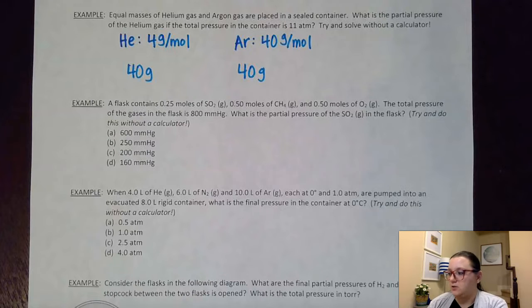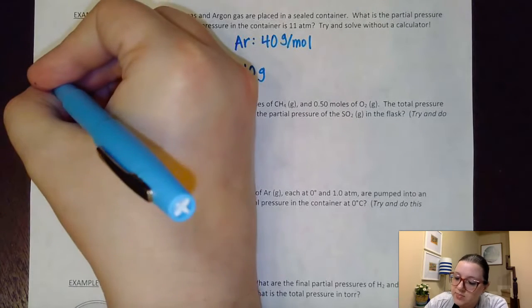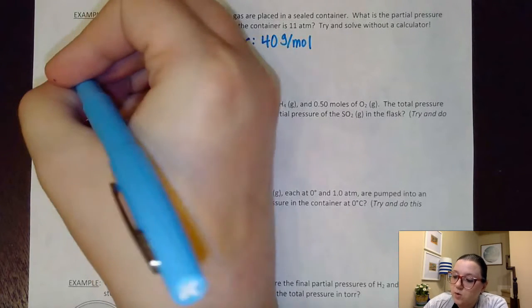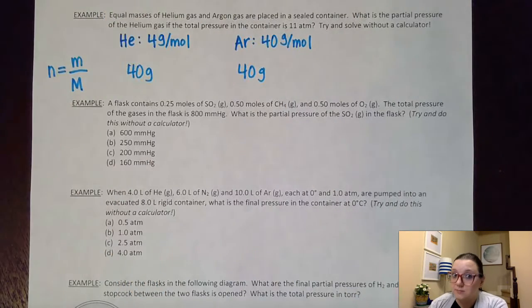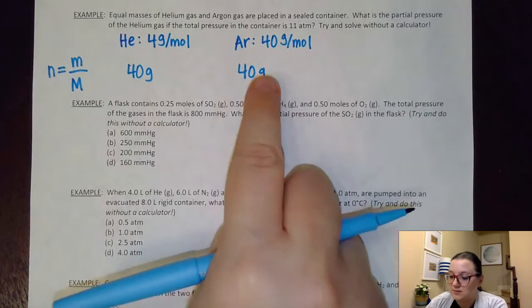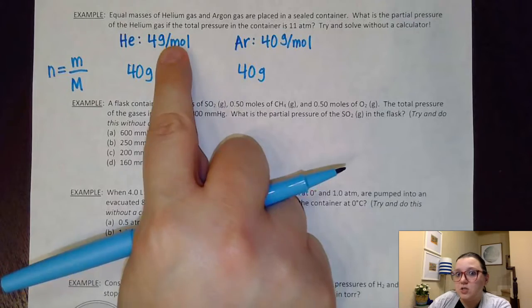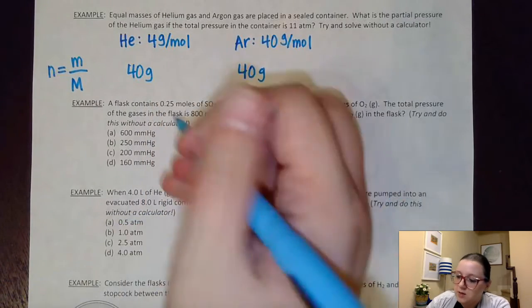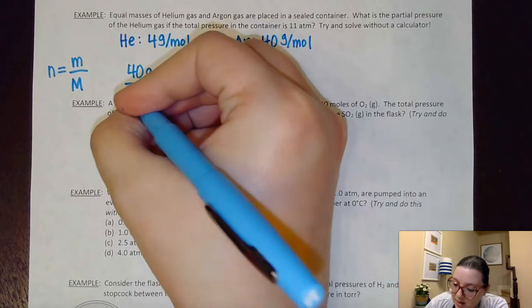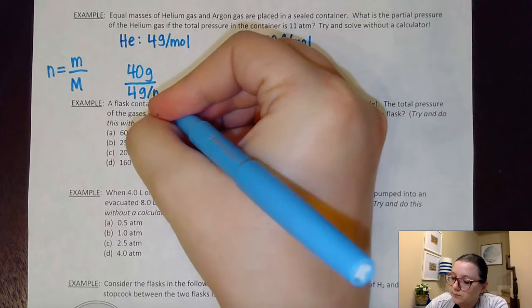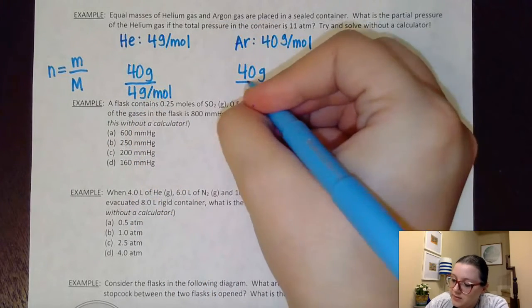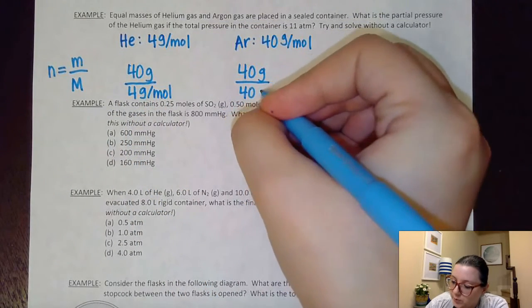As a reminder, the number of moles is always equal to the mass divided by the molar mass. So if these are my masses, I'm going to divide each of these by the molar mass. I would divide this one by 4 grams per mole, and this one by 40 grams per mole.